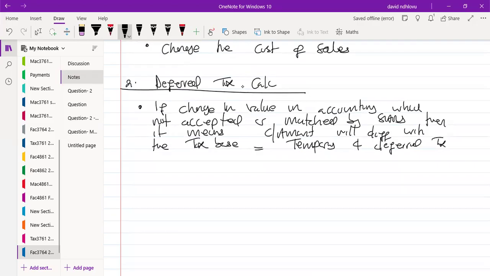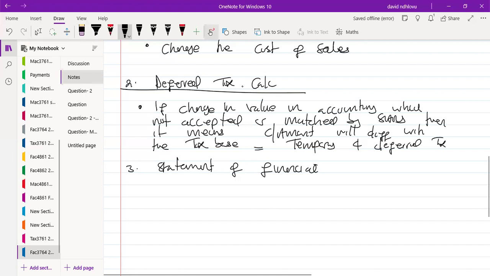So obviously in the statement of financial position, there will be a change in the closing value of inventory.